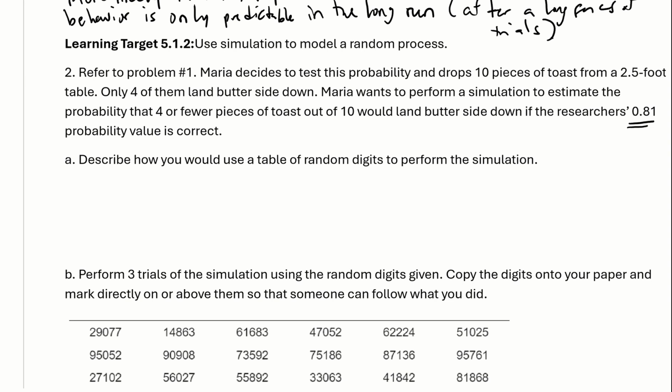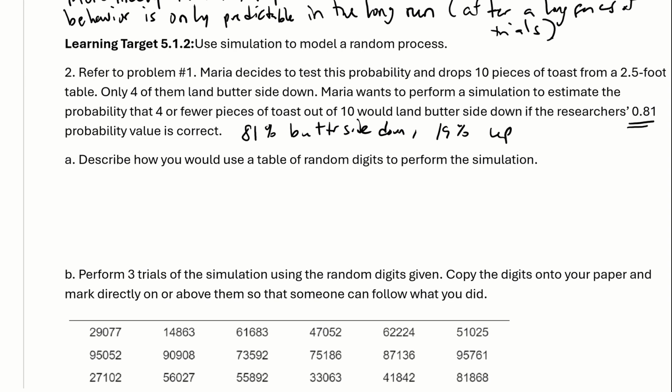We're looking at a table of random digits when we're choosing numbers. So let me write this down. We need 81% to be butter side down, and then we need 19% butter side up.